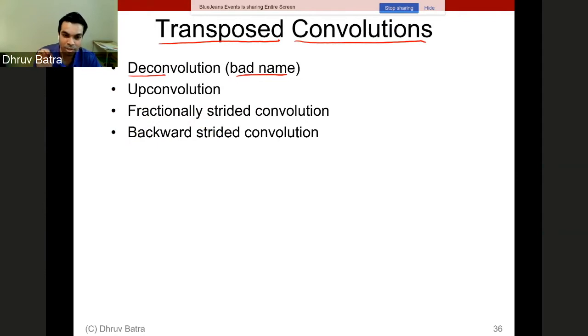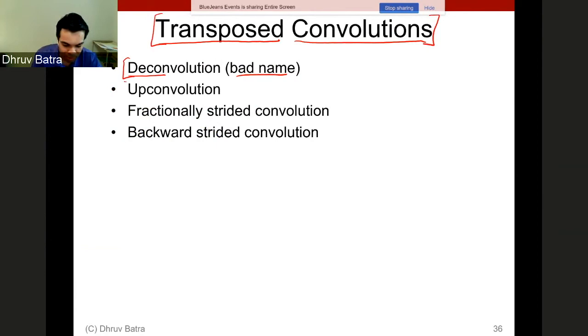Deconvolution is formally defined in signal processing. It existed, and then deep learning people came around, and it was sort of related to that, so they used that term, but it's not actual deconvolution. So if in deep learning papers you see the term deconvolution, know that what they are actually talking about are transposed convolutions, which is the formal name for this.